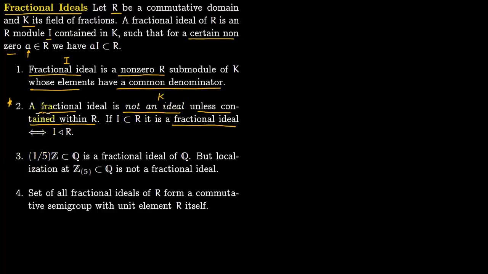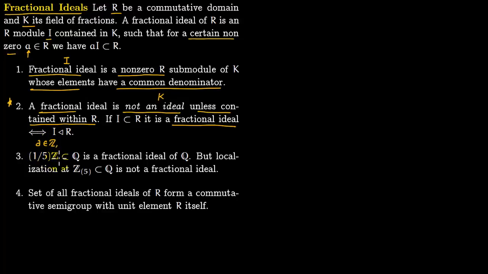So let us do an example which makes this point more clear. Say the ideal generated by 1/5 in the integers. This lies within the rationals. What are the elements of this ideal? They consist of a, where a is an integer, because the element 5 would lie in the integers, and 5 times 1/5 will give you 1, and that would give you the entire set of integers.